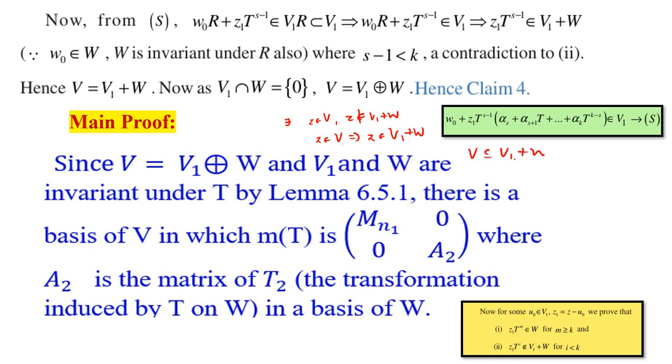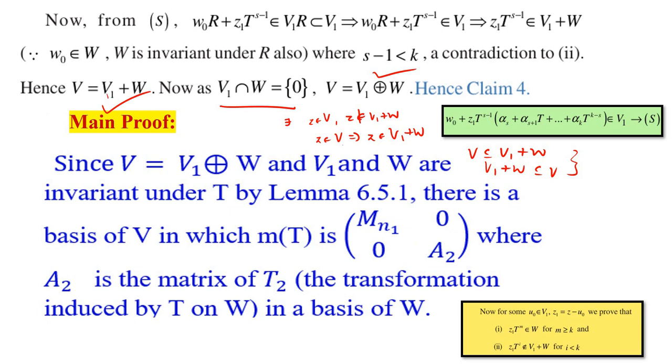Already we know that both of them being subspaces, V1 plus W is contained in V. So together we get that V equals V1 plus W. So these two together give V to be the direct sum of V1 and W. Now since V is the direct sum of V1 and W, and V1 and W are invariant under T, by lemma 6.5.1 there is a basis of V in which the matrix of T is Mn1.